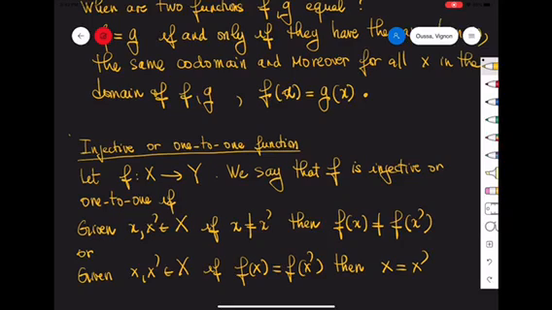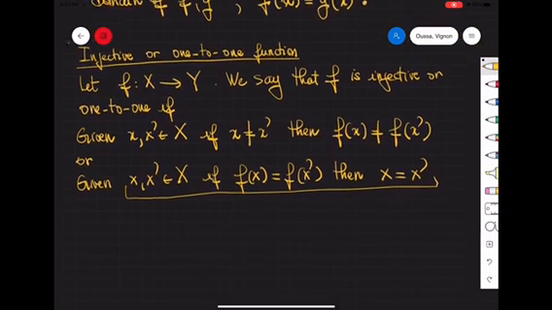Notice that the second statement is the contrapositive of the first statement, and since an implication and its contrapositive are logically equivalent, clearly both of these two statements are equivalent. So you can use one or the other. I personally find this one easier to use quite often, but it all depends on the context.